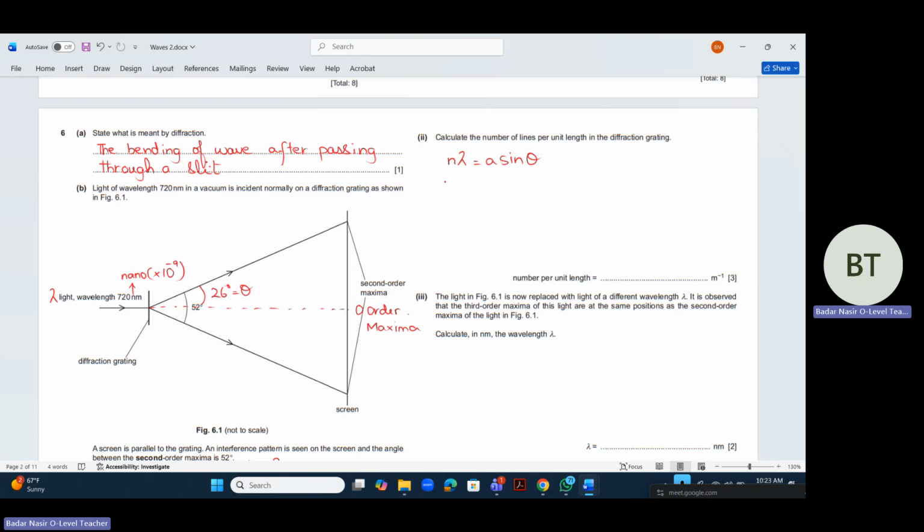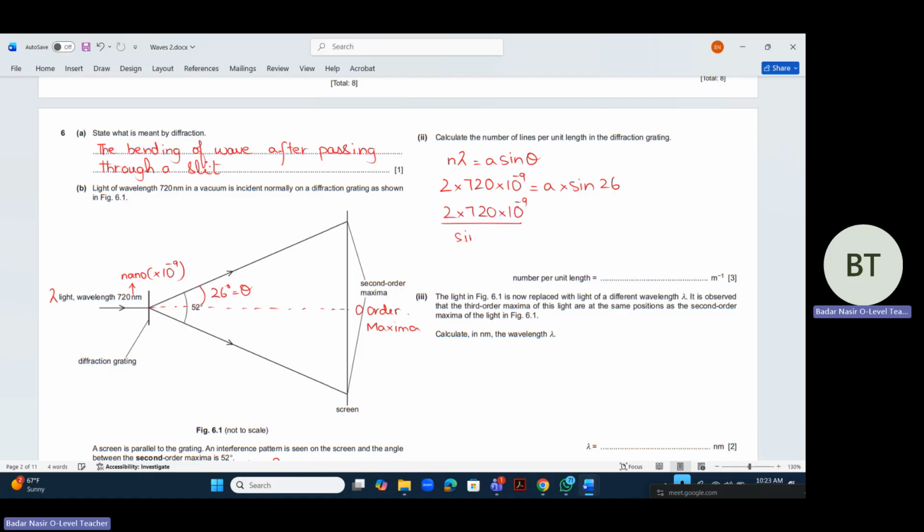Acha, n की value है 2, wavelength is 720 into 10 की power minus 9. We don't know what is the slit separation in the diffraction grating. A times sine 26. So ये जो sine 26 है, ये पूरा इधर ले आओ and just divide it by this whole expression.